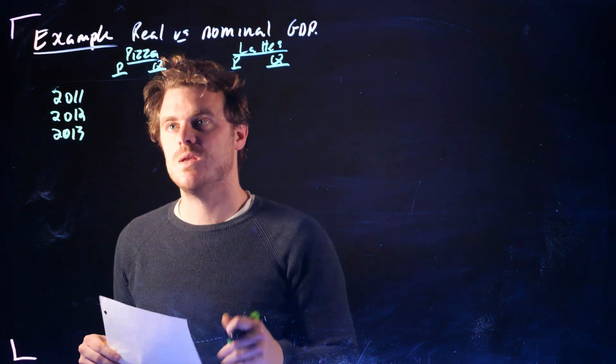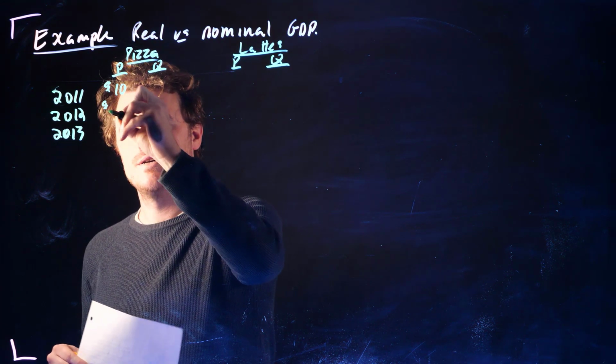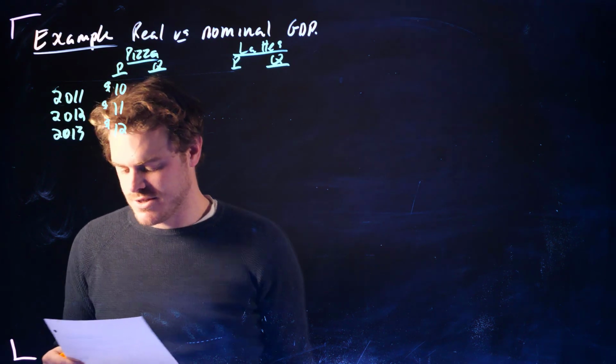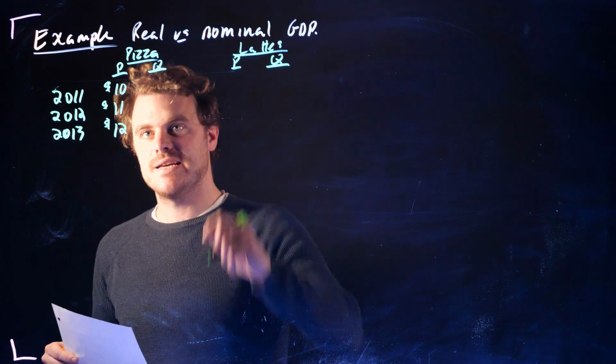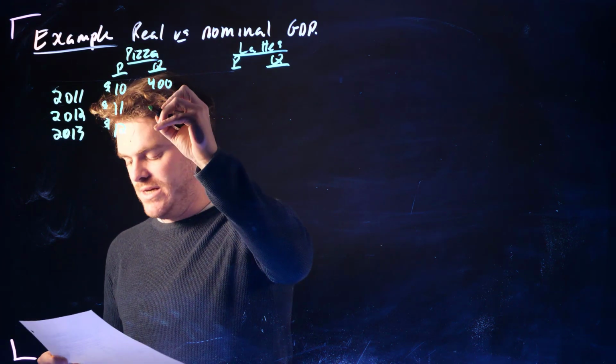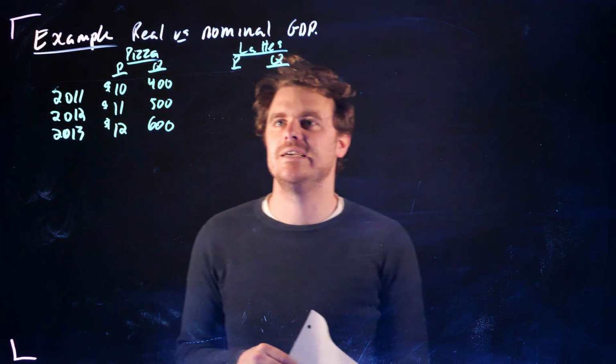So let's say the price in 2011 for a pizza was $10, then it goes up to $11 in 2012 and $12 in 2013. And let's say the economy in total produces 400 pizzas in 2011, 500 in 2012, and then 600 in 2013.